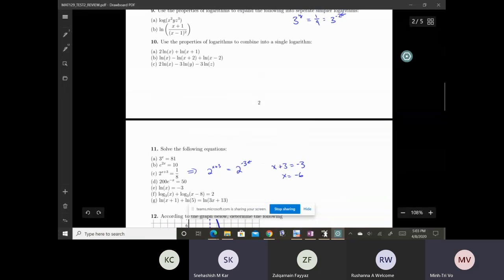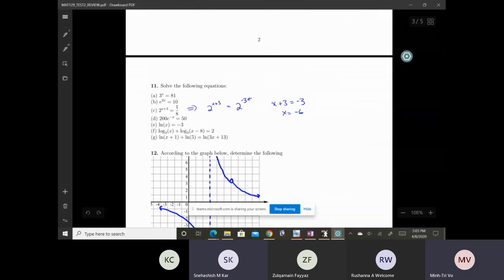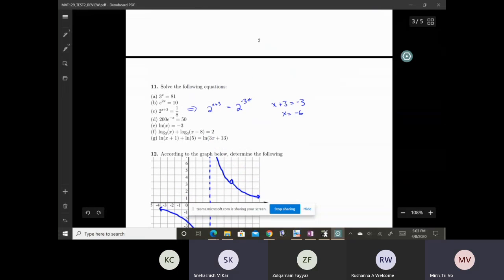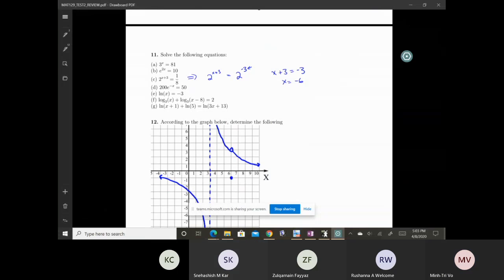if you can, for the grand finale, if you don't mind, give me a second. I'll just tell you which ones. I put a check next to them. So if you can go over 11G, 11G, 10C.